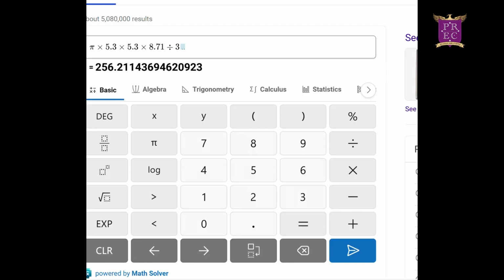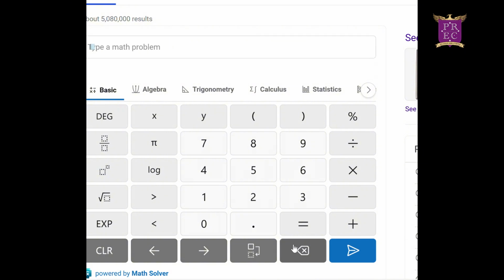Let's do 2 divided by 3, yep, and then put a bracket around it, times by 5.3 times 5.3 times 5.3, because that's cubed, and then we times it by pi.